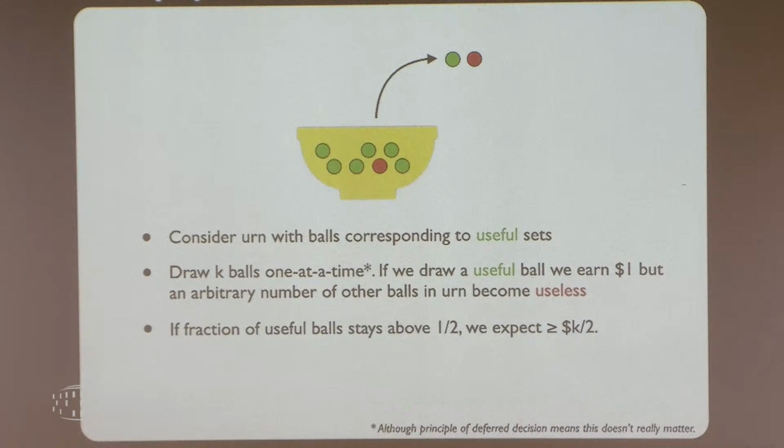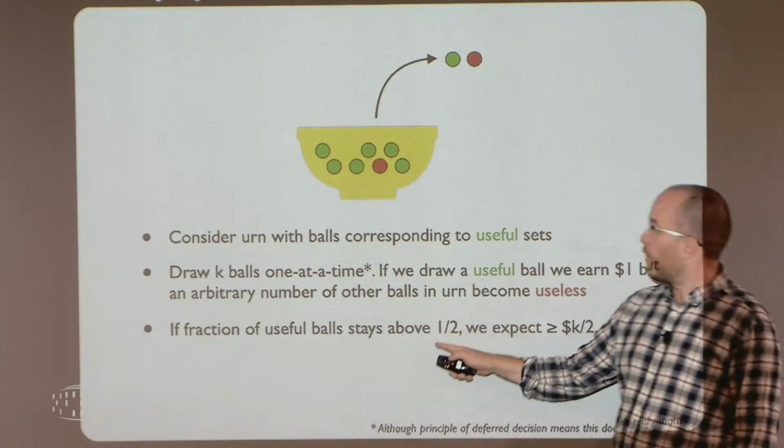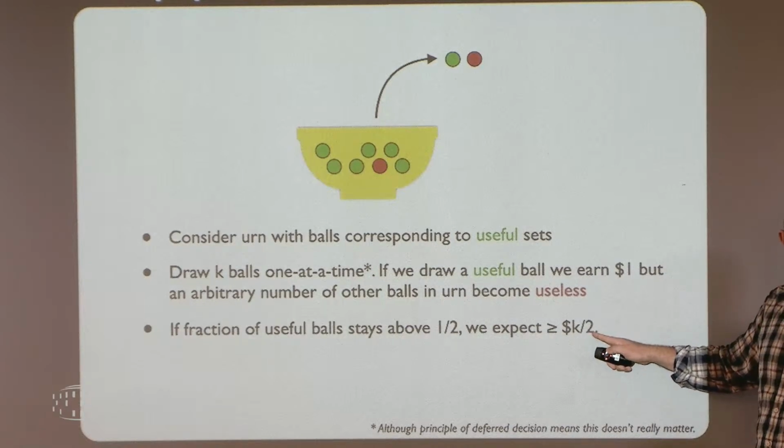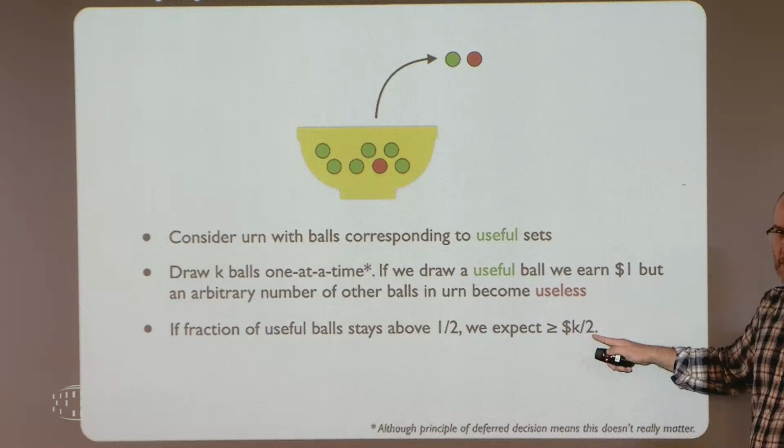Notice that if the fraction of balls that are useful stays above half, and we're drawing K samples from it, we'd expect K over 2 useful ball draws. So we'd probably get K over 3, which is what I stated in the previous slide, with constant probability.